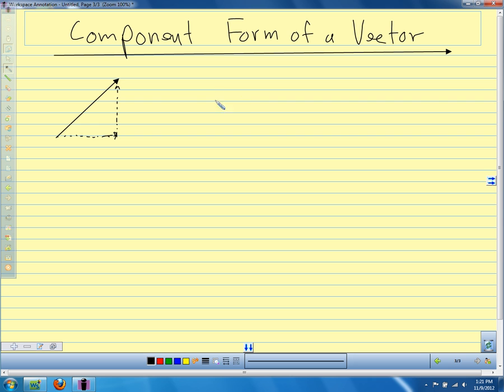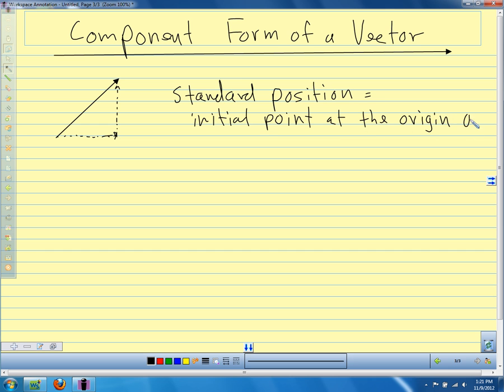For the component form, we say that a vector is in standard position. Sometimes you'll get problems in the book that ask you about standard position. Standard position just means that its initial point is at the origin, and the origin again is the point (0, 0). It doesn't matter if it's going up or down. We just put that initial point at the origin, and that gives us our standard position.